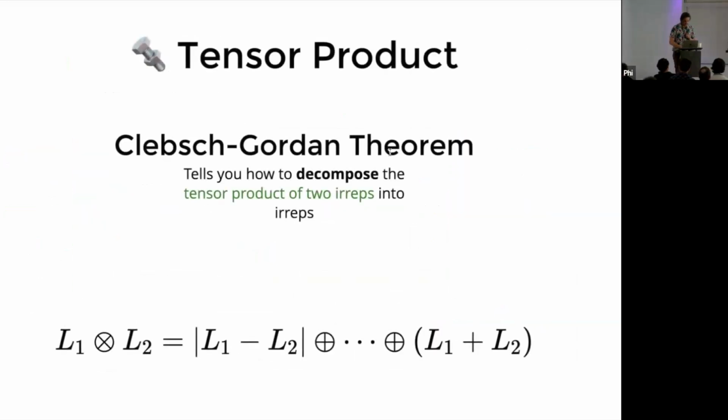This tensor product followed by this decomposition into irreducible subcomponents is actually the most generic way to multiply two equivariant quantities together. So now we know how to sum them together, how to multiply them together, and how to compose them. With these three tools, we can already create all the polynomials that are equivariant. And with polynomials, we can already do quite a good job.